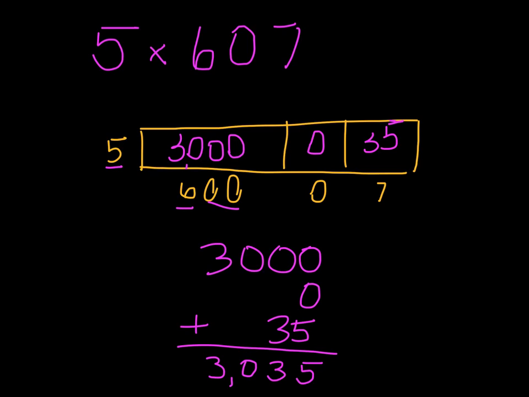So my answer is 3,035. 5 times 607 is 3,035.